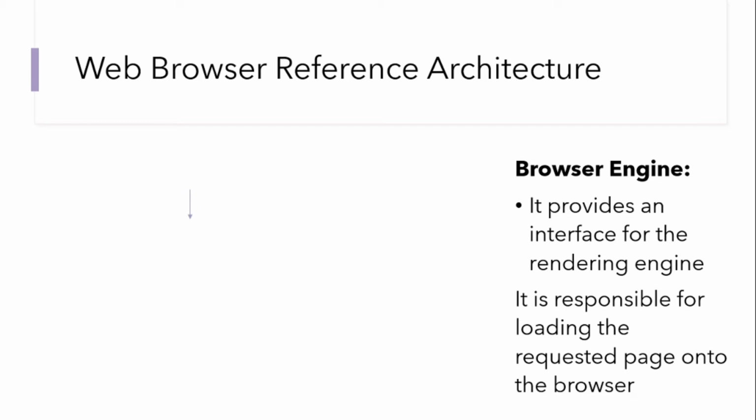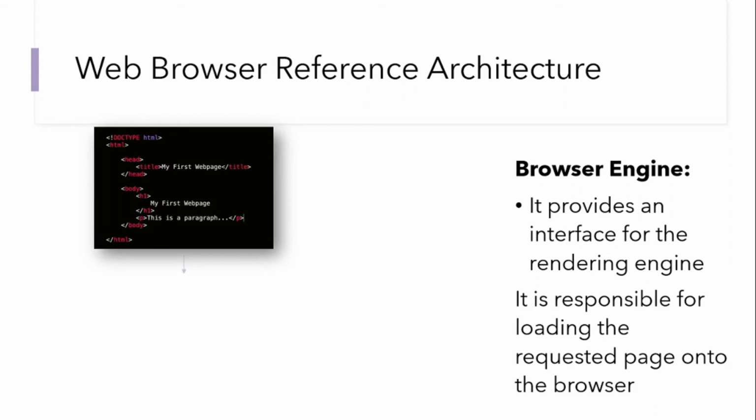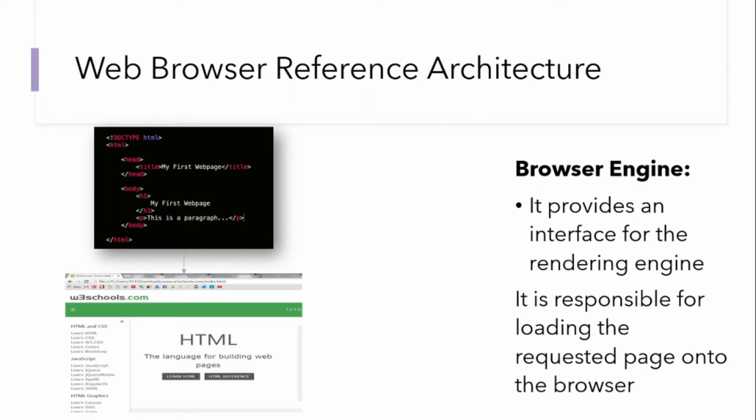After the rendering engine has converted the HTML document into a format that can be understood by the user, the browser engine picks these rendered documents and shows them on the web browser. It loads the rendered HTML documents onto the page. Over here is where the rendered documents are displayed.